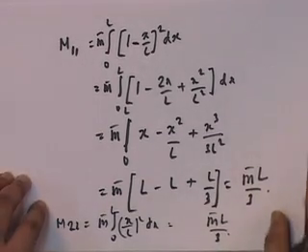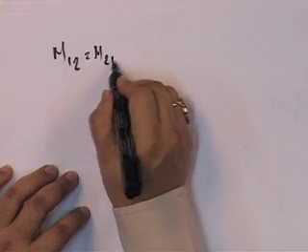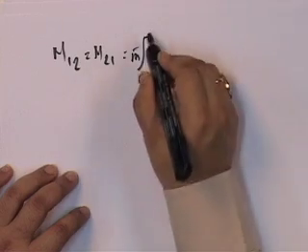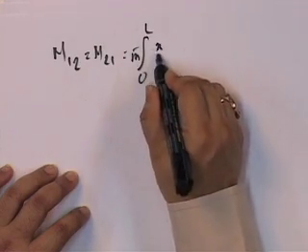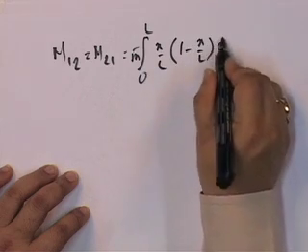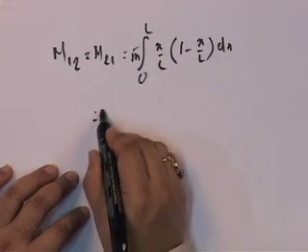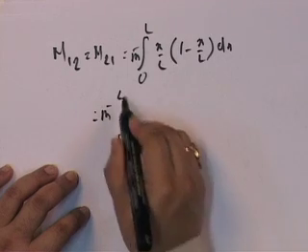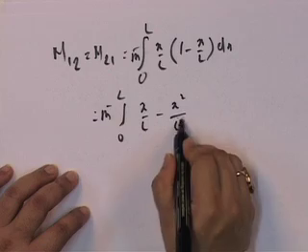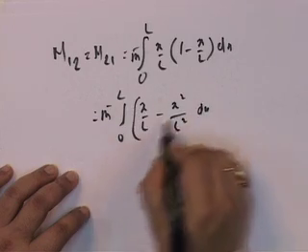Let us derive M12 and M21. Both of them are the same. M12, which is equal to M21, is equal to m bar outside, integral from 0 to L of x by L times xi1 and xi2, that is, minus x by L dx. So, this becomes m bar integral from 0 to L of x by L minus x squared upon L squared dx.